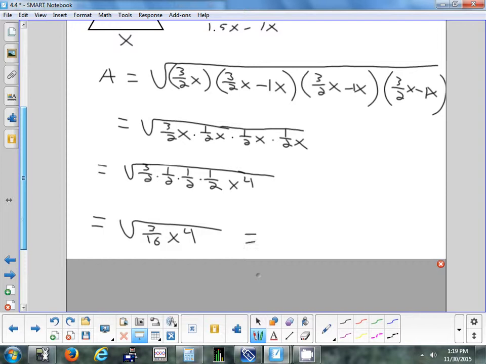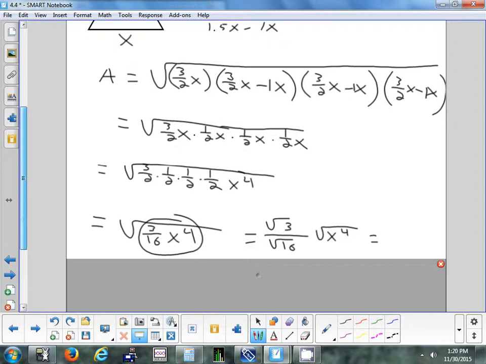Right. And our last step here, we can take the square root of all 3 of these things separate. So it's square root 3, square root 16, and square root of x to the 4th. Do each one separate. Does the square root of 3 come out to a nice answer?